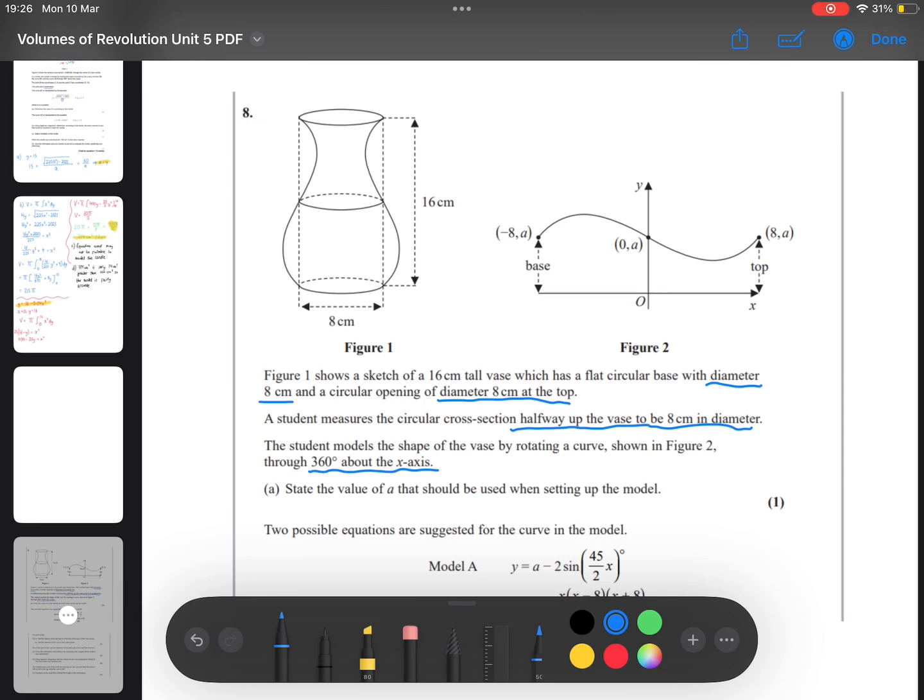So this is the point where A appears here, and we know that halfway up the vase we have a diameter of 8 centimeters, and therefore this length here is going to be the radius, which is 8 divided by 2, so it's going to be 4. And A is 4.